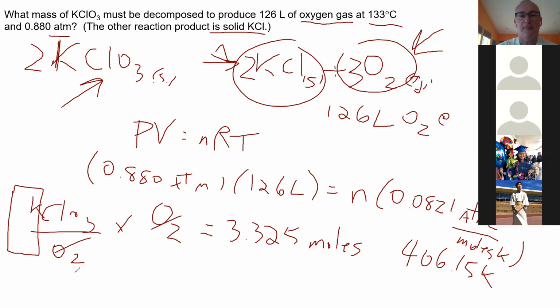2 over 3. That's right. 2 divided by 3. So I'll multiply 2 over 3 times this number of moles of oxygen, and that gives me the number of moles of my starting material, which is how many?